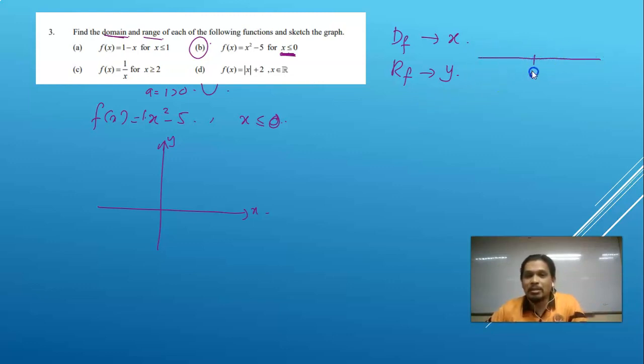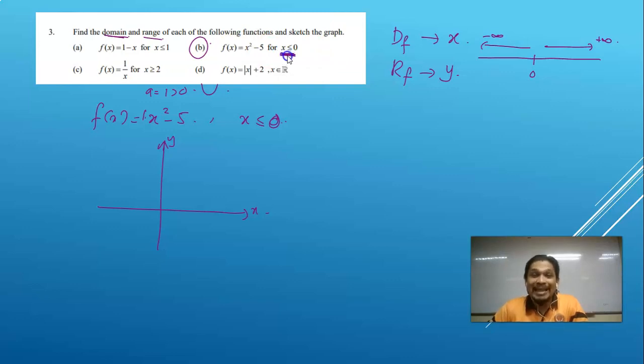Let's say this is 0, and any value of x to negative infinity and positive infinity we may substitute into this function and make the function defined. That is the domain for this function of f, meaning all values of x can be used.